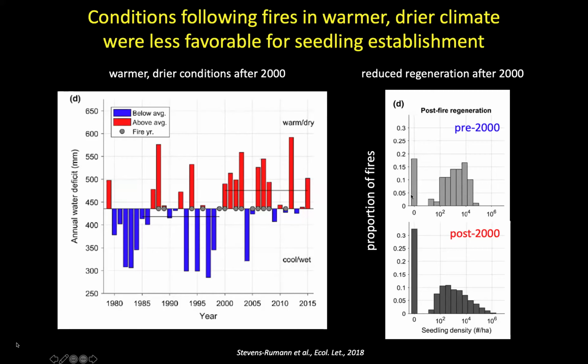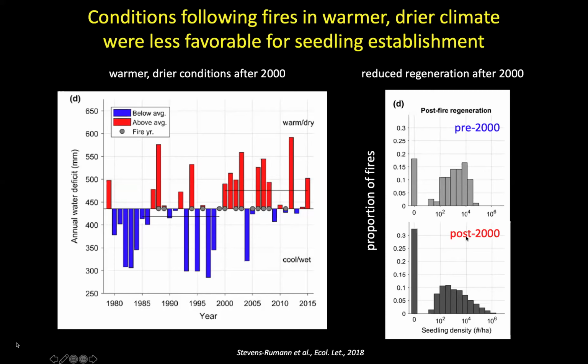The authors then looked at the seedling density at each of the fires that occurred, in the dots on the left, and plotted histograms of the two time periods. Pre-2000, during the cooler, wetter period, there was a relatively low number of fires without seedling regeneration and with higher seedling densities.